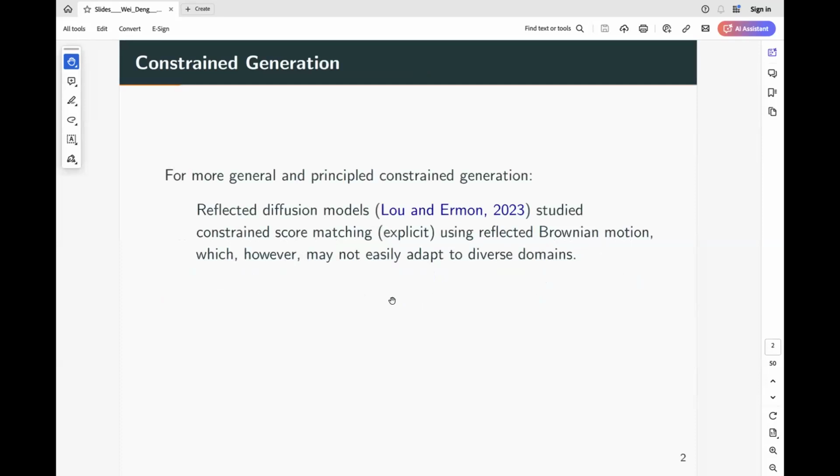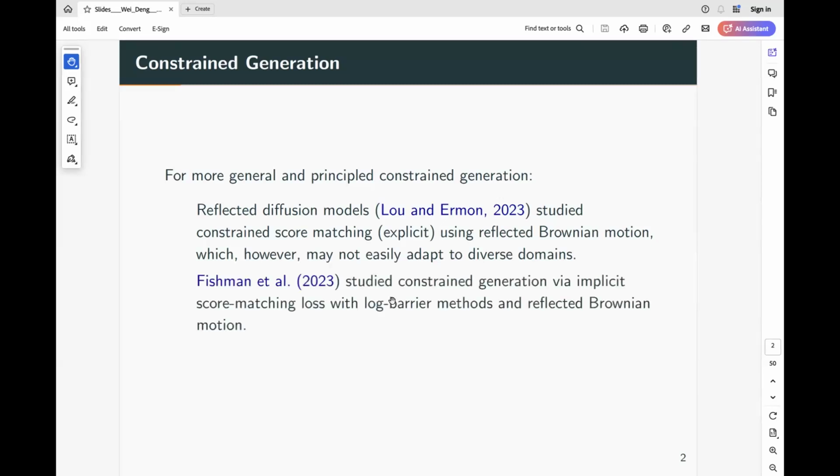To make it more general, the reflected diffusion model studied constrained score matching using an explicit training loss and the reflected Brownian motion. This method is fairly scalable, however it may not easily adapt to diverse domains if we cannot derive a proper diffeomorphism.